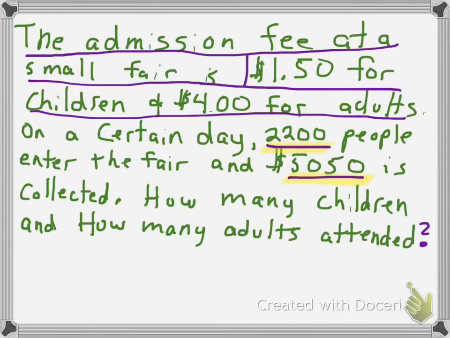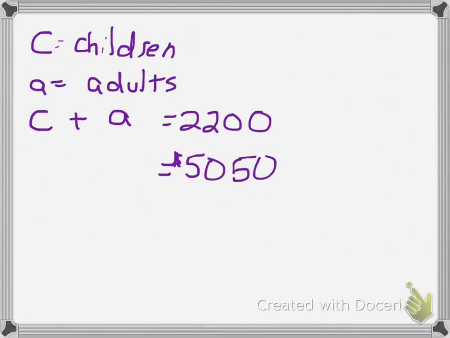We have to look at the cost for each child and the cost for each adult. For a child it was $1.50, so I can write $1.50 C, plus for an adult it was $4, so $4 A, per adult. Now I have two equations to work from.